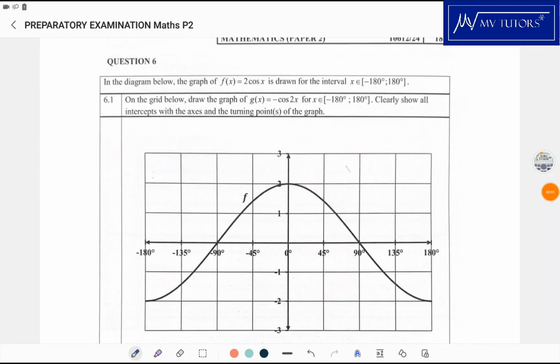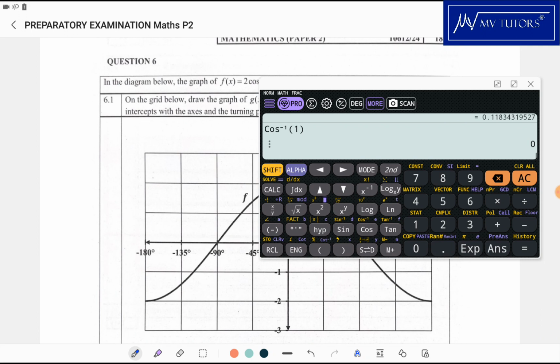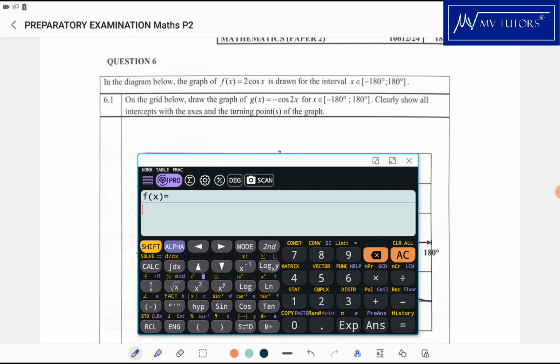Question 6. In the diagram below, the graph of f of x equals 2 cos x is drawn for the interval of negative 180 to 180 degrees. Then it says, on the grid below, draw the graph of g of x equals negative cos 2x. Here I'm going to suggest that you go to the table, put in the formula so that you can finish quickly.